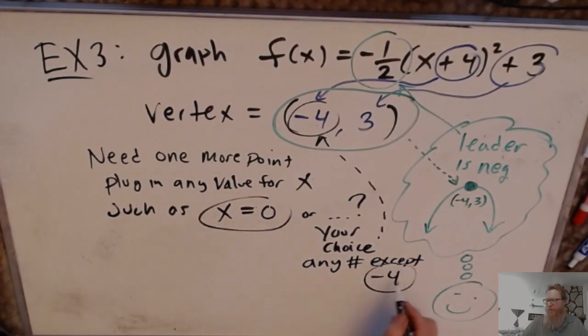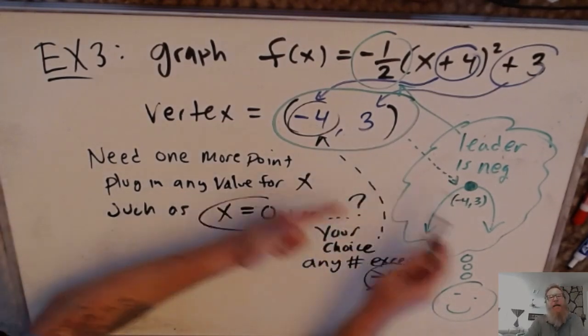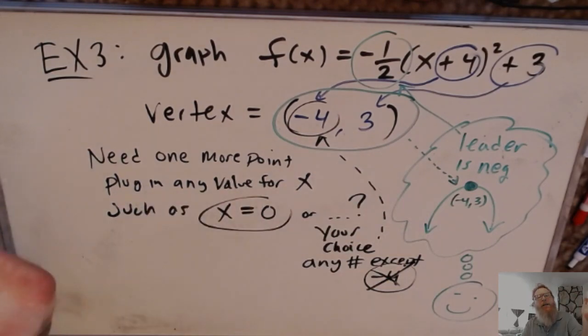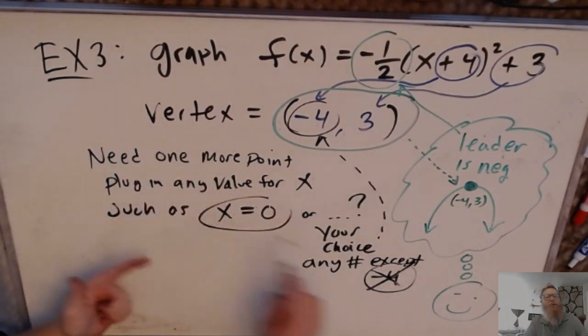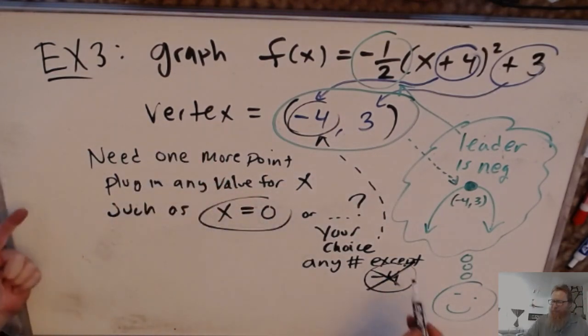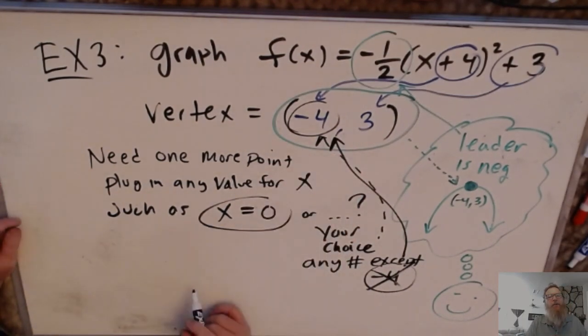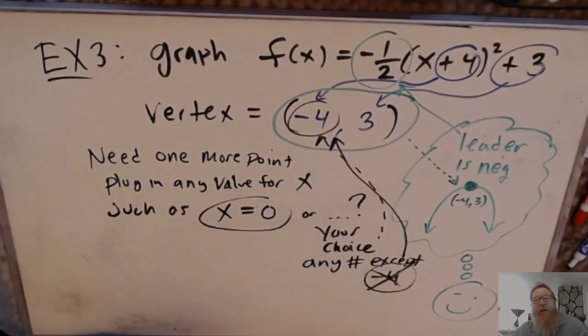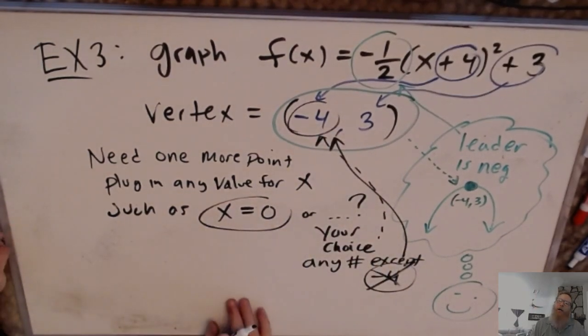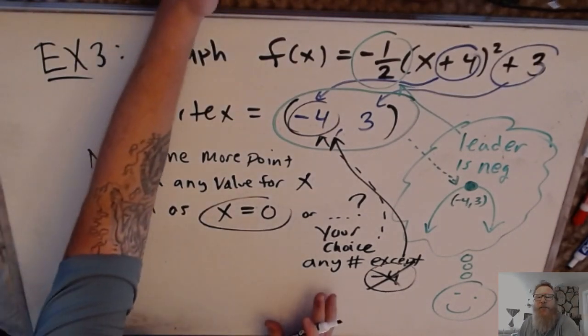So don't use -4 again. You'll just end up getting this point back all over again. You need to have a different point. So you can choose any value except the x coordinate of the vertex. I don't think you would pick that number anyway. Hardly anybody says, oh, I'm going to pick -4. I love that number.